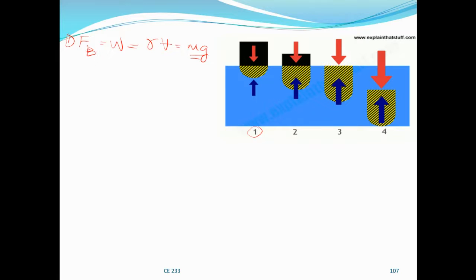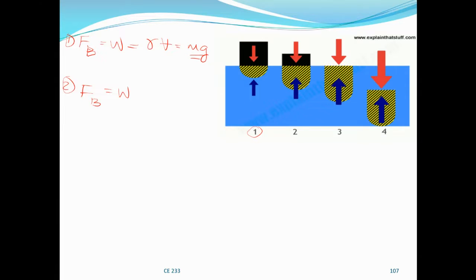Then you have case 2. In that case, the volume of the liquid displaced increases, because the shaded portion indicates the volume of the ship submerged, which is equal to the volume of fluid displaced. In the second case also, the buoyant force is equal to the weight, because it is still floating.